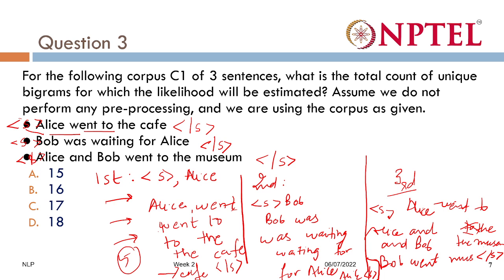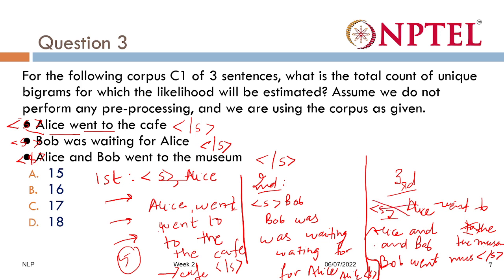Now start and Bob, Bob was, was waiting, waiting for, for Alice, and Alice end of the sentence. No repeated occurrences here. But here, start of the sentence and Alice, we have already seen this occurrence, and now it is occurring here as well. So this is repeating, not unique.